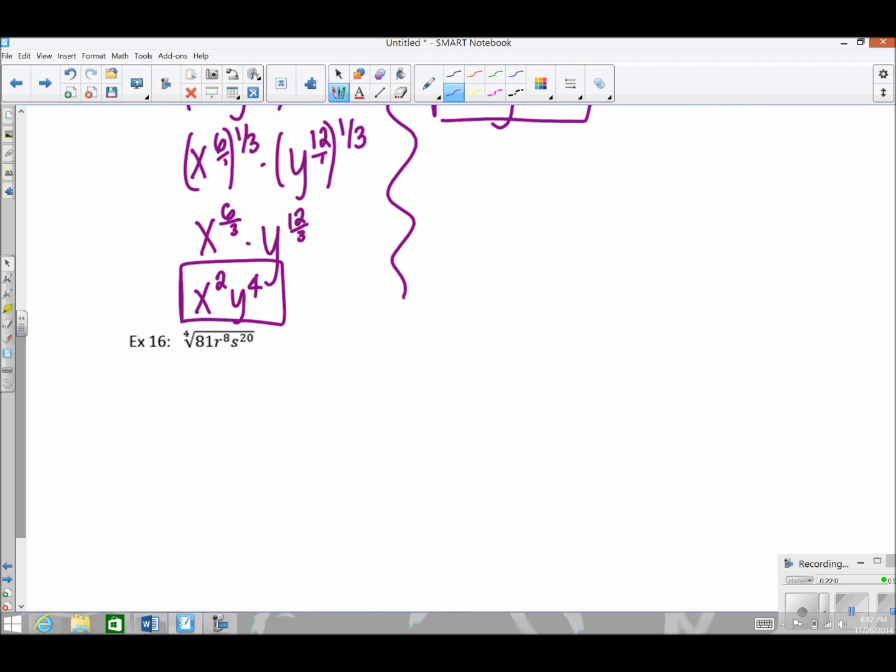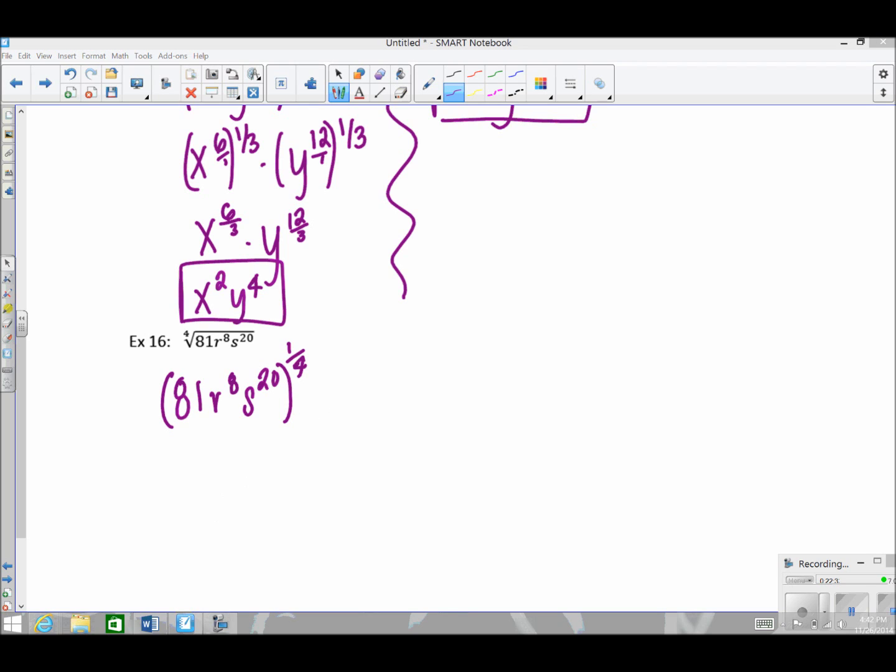So example 16. Again, you can apply it how we did in those previous problems where we just divided the exponents and we actually took the fourth root of the number. Or you can take this and you can rewrite it using a fractional exponent. So we have everything is raised to the 1/4.